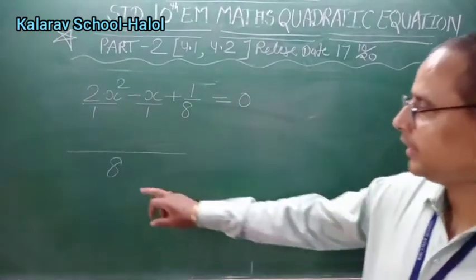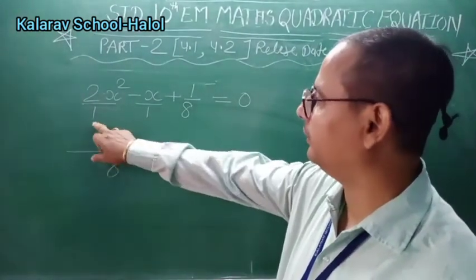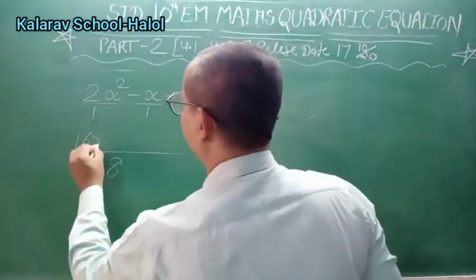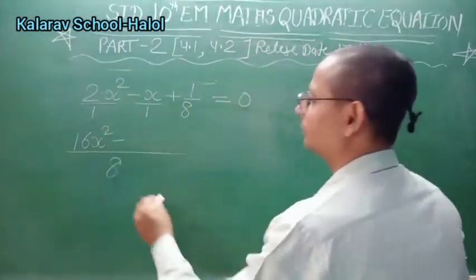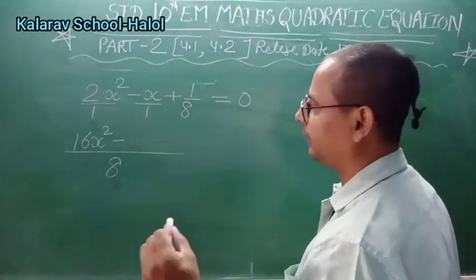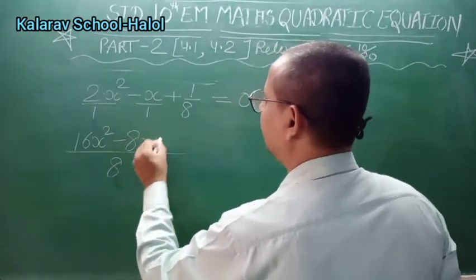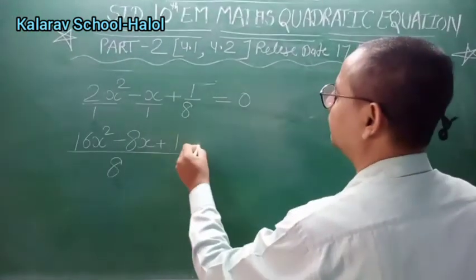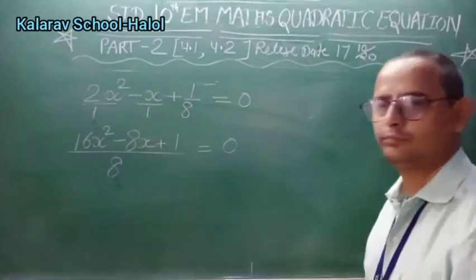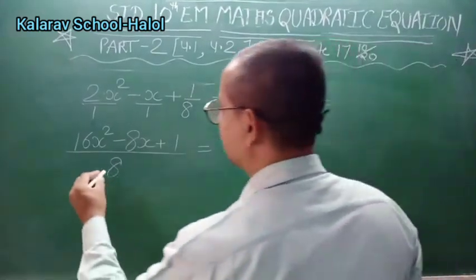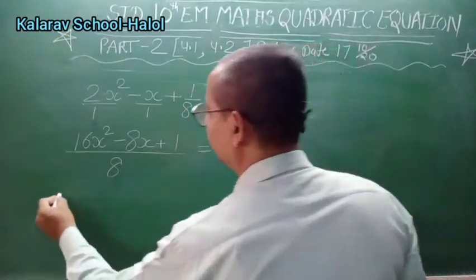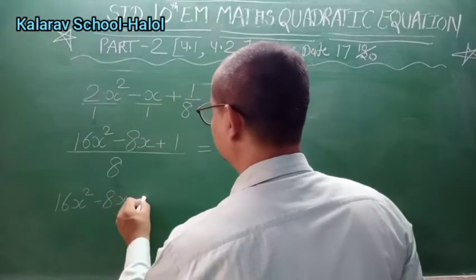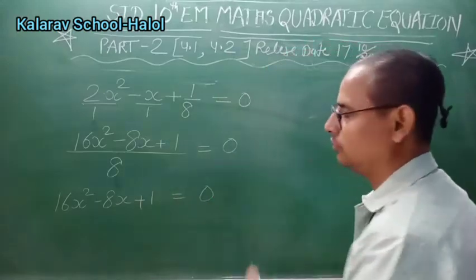Okay, if 8 you divide by 1 you will get 8, 8 2s are 16x square, 8 divided by 1 then 8 minus 8x, 8 divided by 8, 1, 1 ones are 1 equal to 0. Okay, if you do cross multiply you will get 16x square minus 8x plus 1 equal to 0.